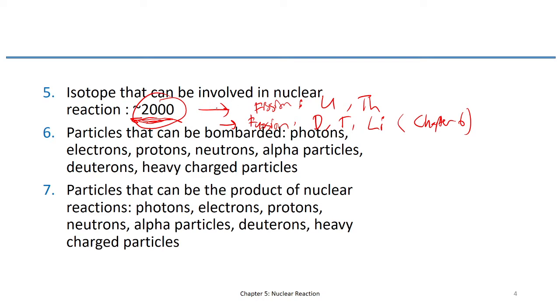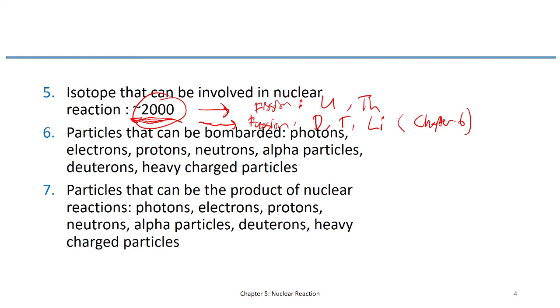Although you can initiate almost 2000 types of nuclear reactions, for practicality, for energy harvesting applications, the number of isotopes is only a few.